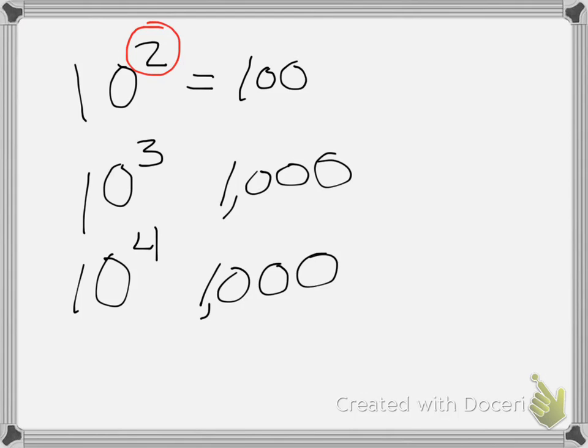We have 2 for our exponent, 2 zeros. 3 for our exponent, 3 zeros. 4 for our exponent, 4 zeros.